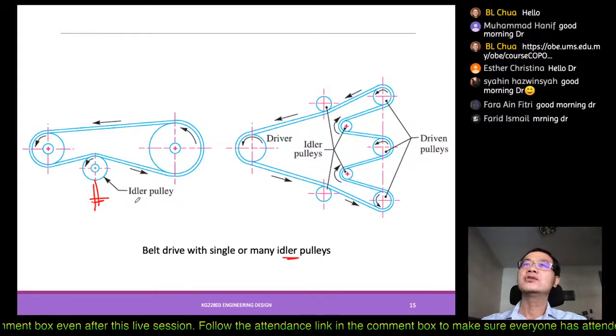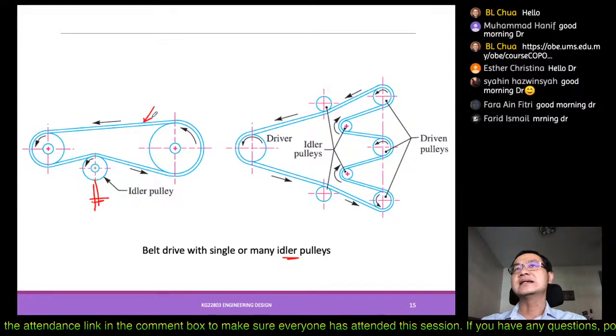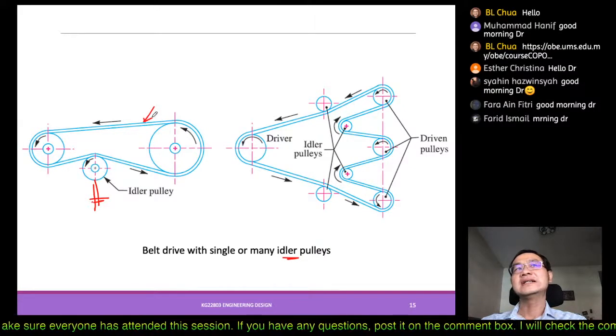And also why we need the idler pulley is because the belt length is not continuous.